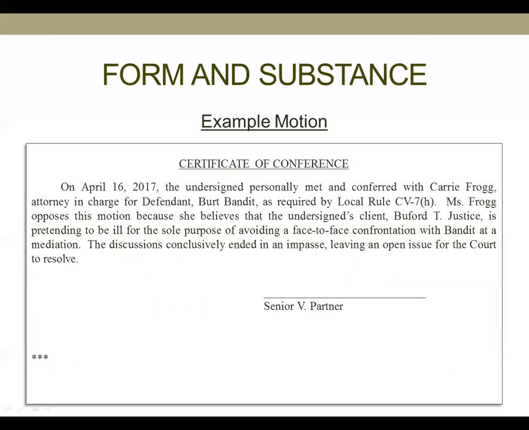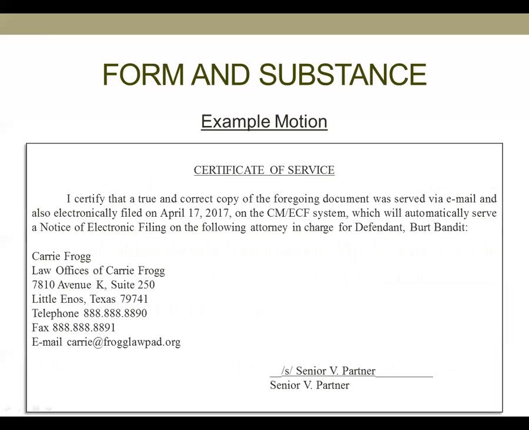And then at the end, here's the certificate of conference to comply with the local rules. And then finally, the certificate of service indicating when and how a copy of this document was served on the other lawyer in the case.